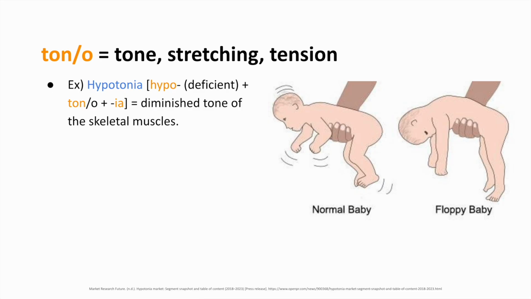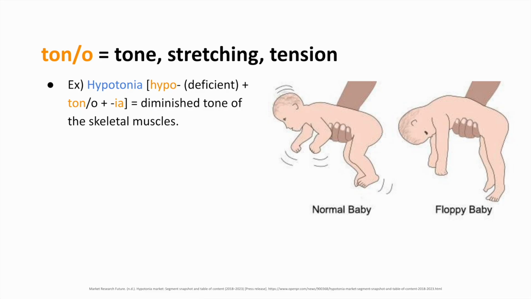I'm not too familiar with this disease, but I think it is some kind of genetic disease. I'm not too sure. I think when the baby has it, it's called floppy baby. It's kind of a funny nickname.